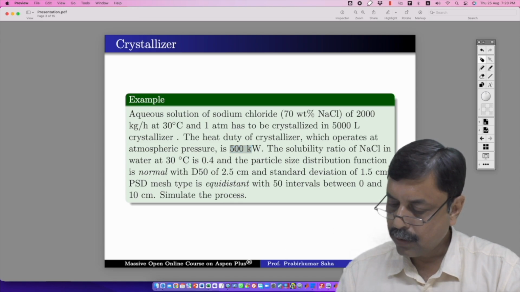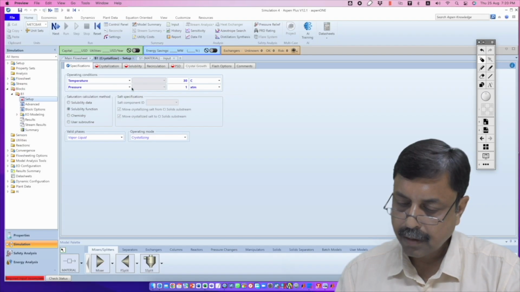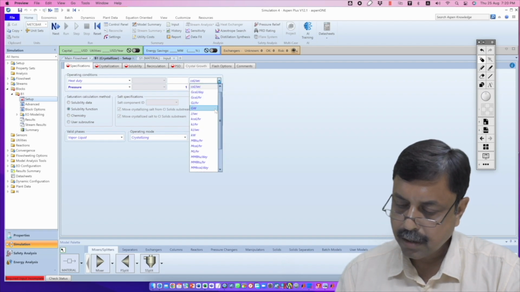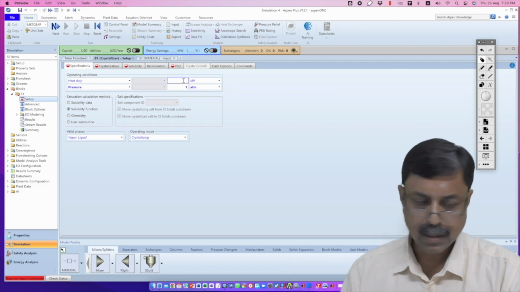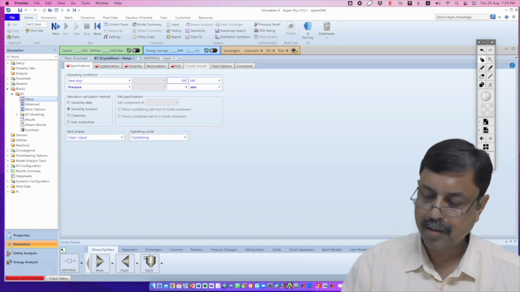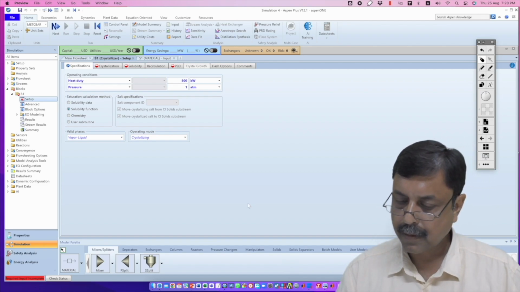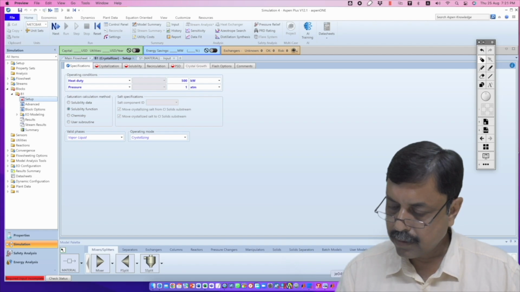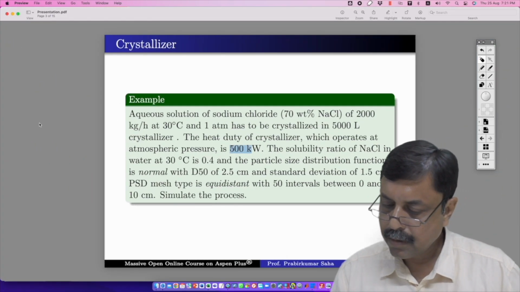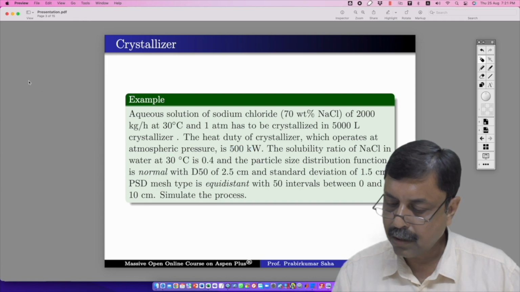So we go back to heat duty and enter 500 kilowatt. Yeah, so it is 500 kilowatt.